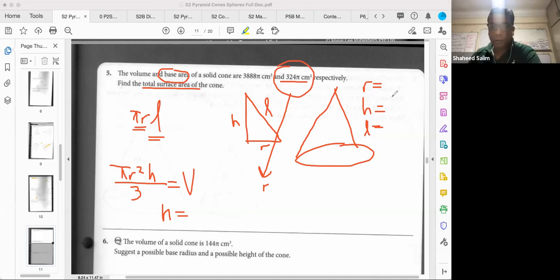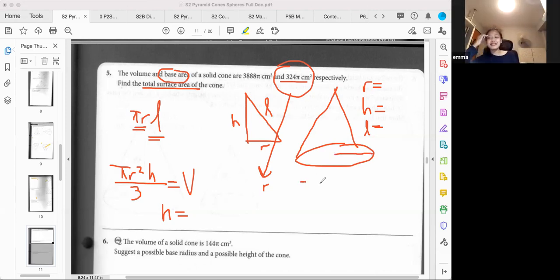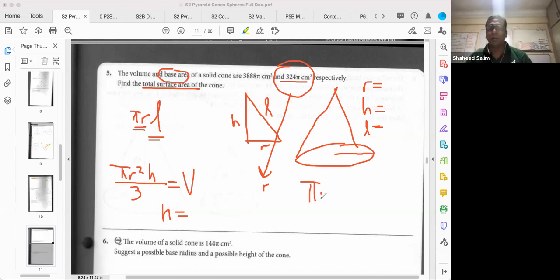Okay, have you gotten R? You know how to find R? No. Okay. R, okay, what's the formula of the circle? Pi R squared, right? So pi R squared is equals to this one, the base area here. The base area is the circle at the bottom.